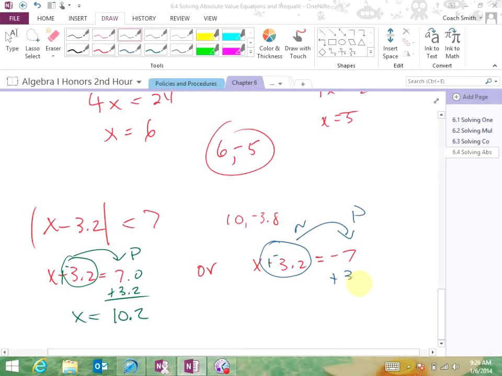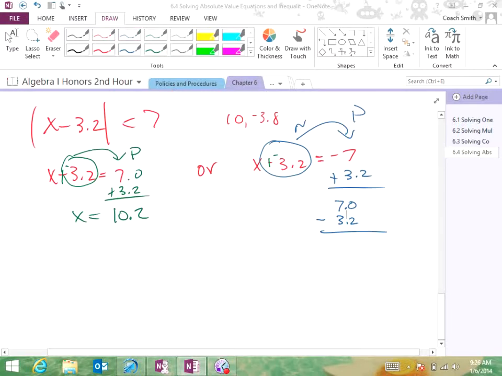So that's a positive 3.2, which means I have to take 7 minus 3.2. Borrow: 10 minus 2 is 8, bring down my decimal. 6 minus 3 is 3. And the larger one is negative, so negative 3.8. So 10.2 and negative 3.8. Those are your answers.